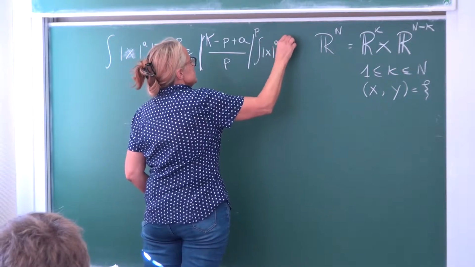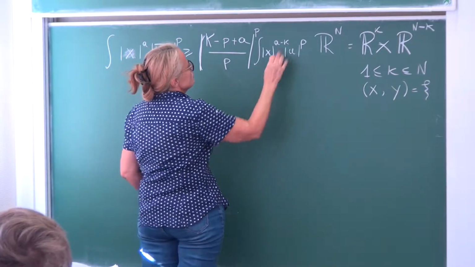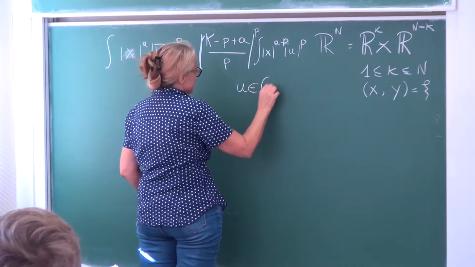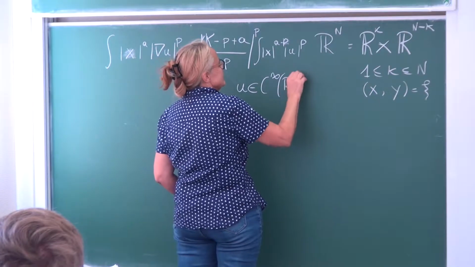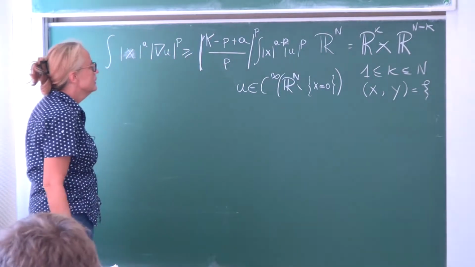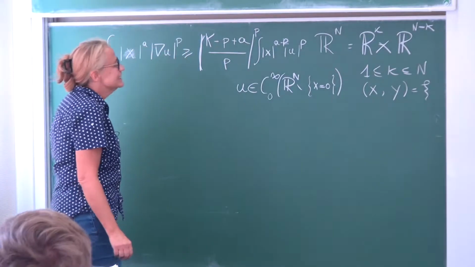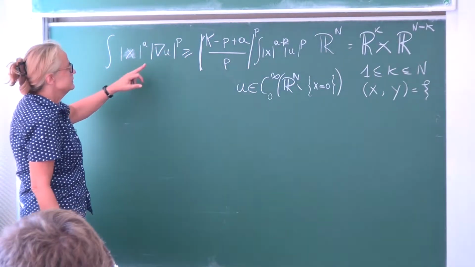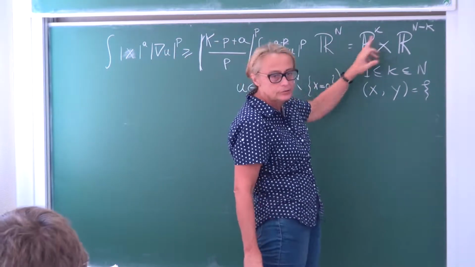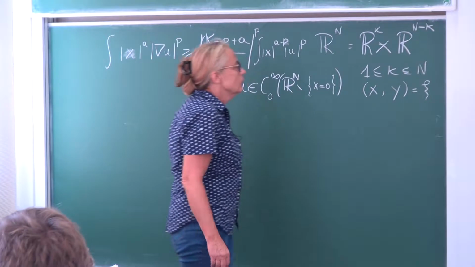So we were discussing this: a minus p. So for any u, we proved it first by showing that this holds when capital N is equal to k, and then just integrating on the remaining variables.